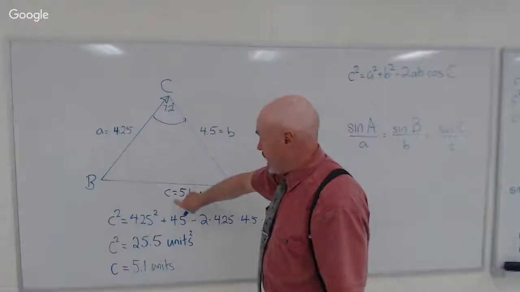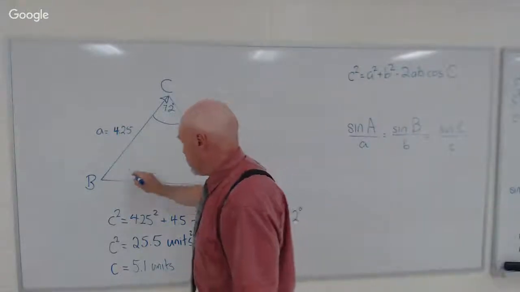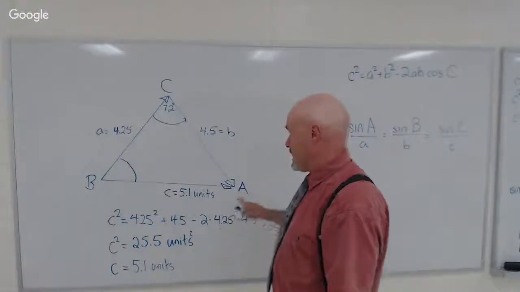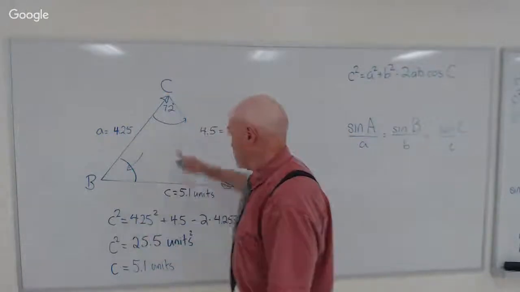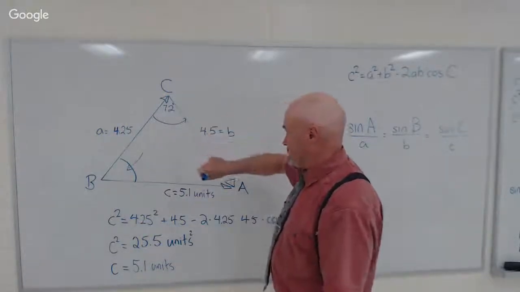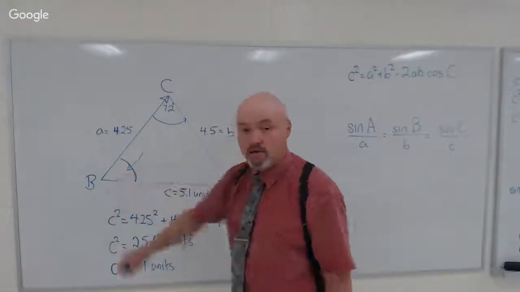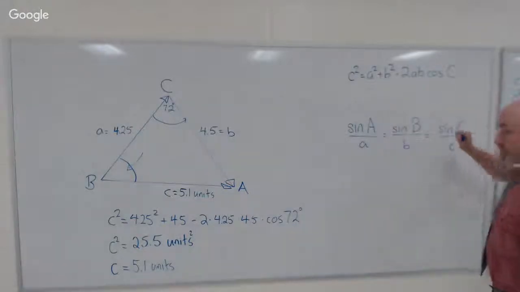Now I have a side that's across from an angle, and I want to find the direction that this vector is going. So I need to find this angle. I have a side across from an angle, as I've said. I have another side that's across from this angle. I'm going to put them into the sine law over here.